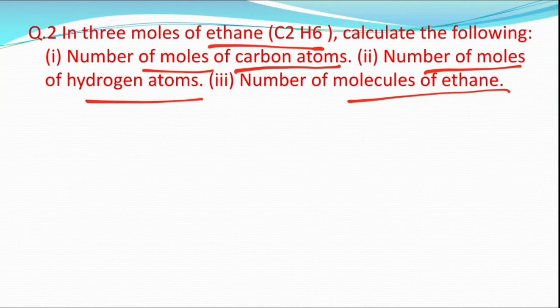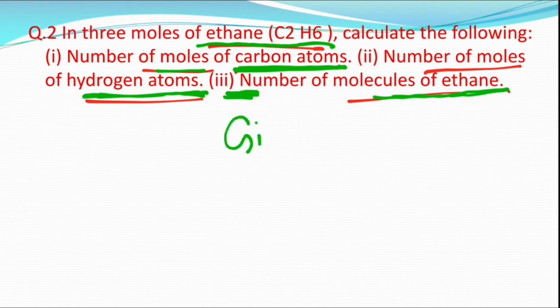What is given? 3 moles of ethane is given. Then we have to calculate the number of moles of carbon atoms, then the number of moles of hydrogen atoms, and then the number of molecules of ethane. First of all, let's solve the third part of this question.